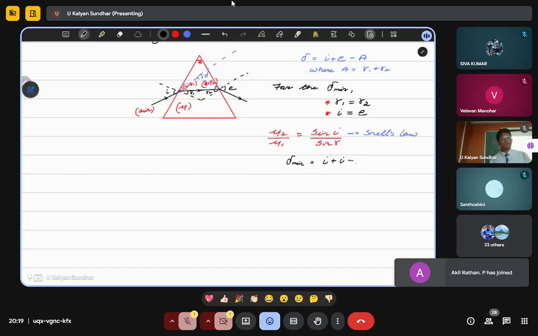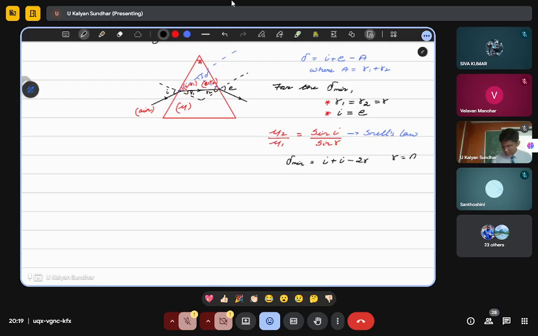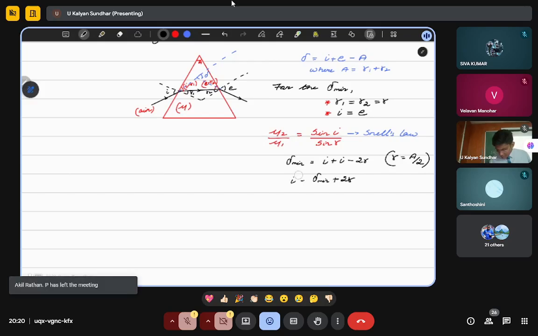Since both are equal, shall I take it as equal to some R value? So it will become how much, sir? 2R. Correct? And also A will be equal to 2R, so R will be equal to A by 2. Now from here, 2 times I will be equal to del minimum plus 2R, and I will be equal to (del minimum plus A) divided by 2.